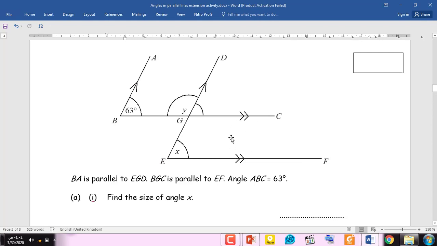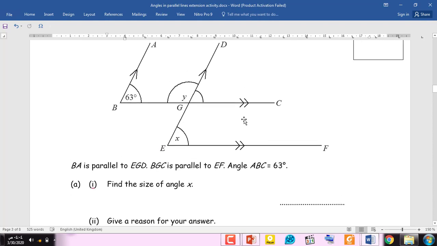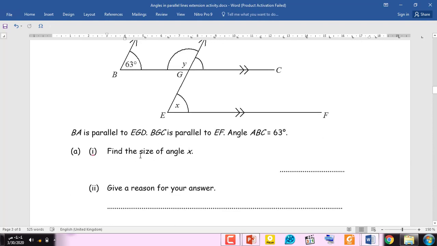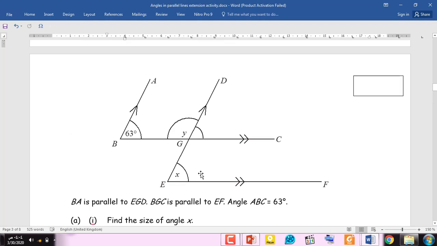These two lines are also parallel, so we can represent by two arrows or one arrow. Actually, why two arrows are here? Just to show that this line is parallel to this one. So first question, find the size of angle X.